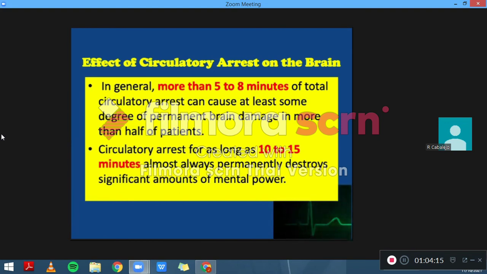Actually, the guidelines do not say how long you should continue resuscitation for specific types of patients. It's your call. For younger patients, you may extend your resuscitation longer. For elderly patients, you may shorten your resuscitation, depending on the comorbidities of the patient and the events at which the arrest happens. So it would be your call as to when to stop your resuscitation.